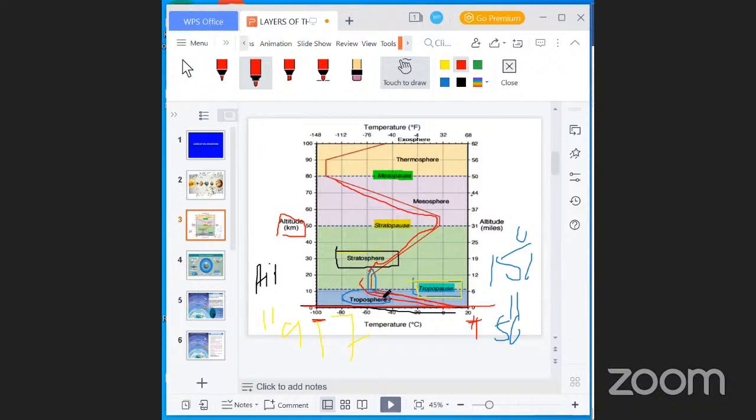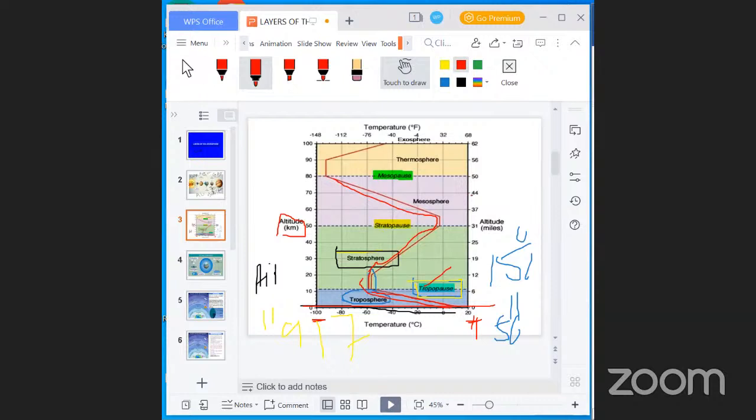This continues till a particular transition zone called the tropopause, right? There is a mixing zone where a pause is happening. What happens after this pause? The temperature starts to rise in the stratosphere, right?